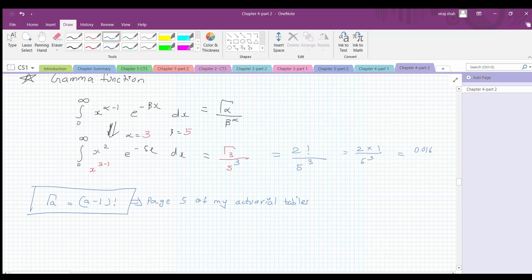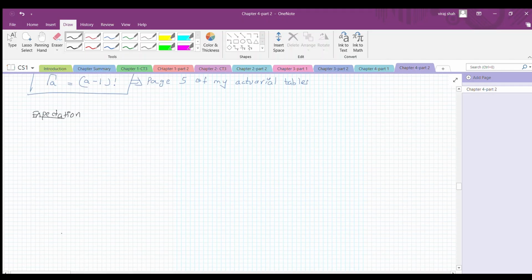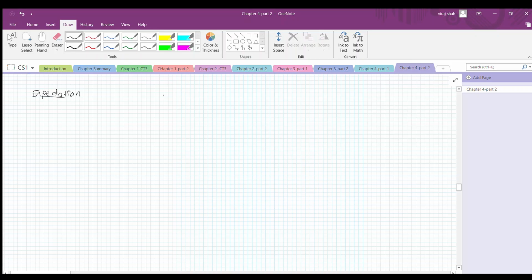Let's go ahead and now find my expectation and variance. So starting with expectation. What is my expectation? Expectation means average, or I can say mean. It means one and the same. So it would be nothing but x into PDF, f of x, summed over all values, which is nothing but integration over all the values of x.